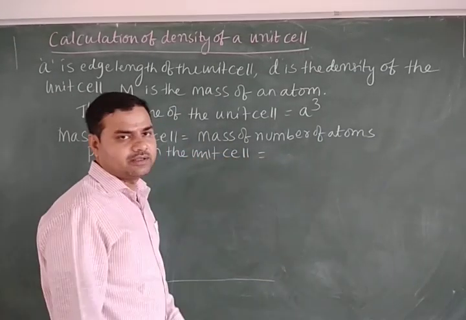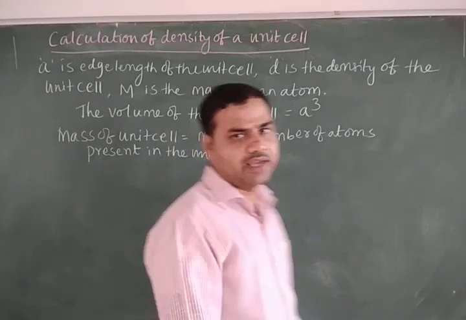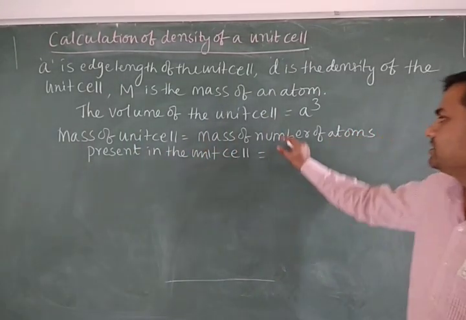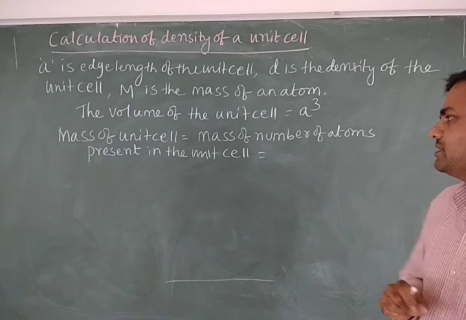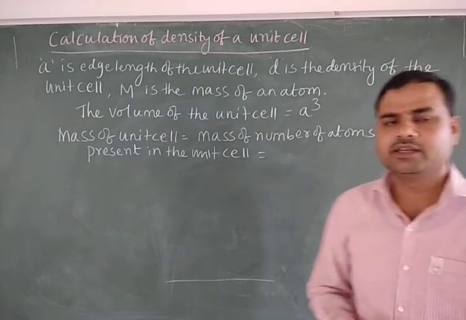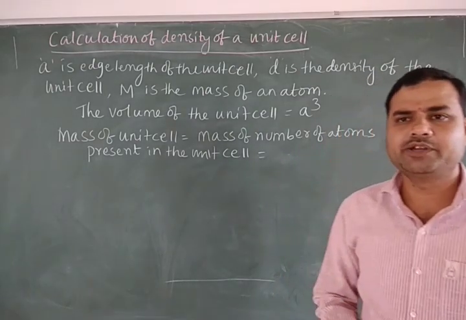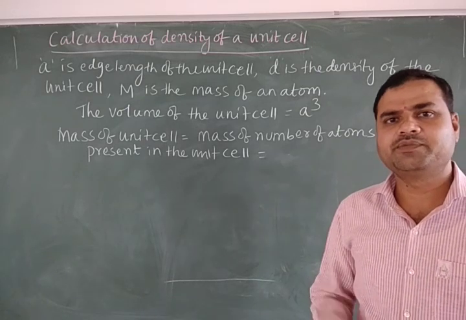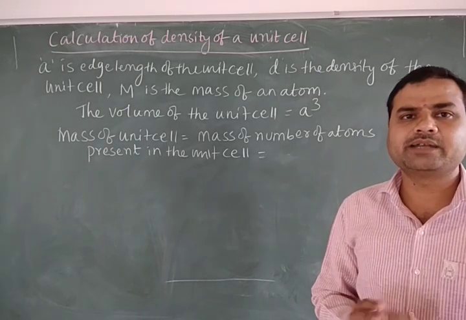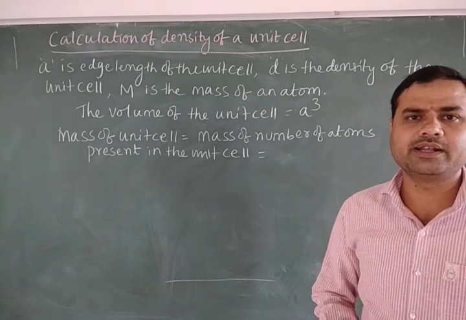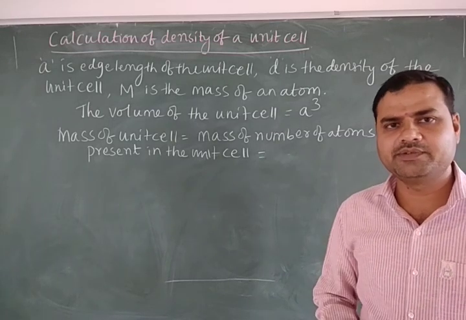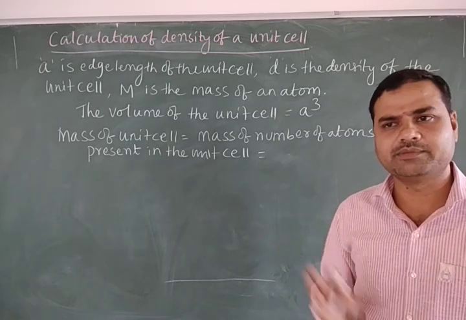This is the formula. And why am I taking the mass of the unit cell equal to the mass of the number of atoms present in the unit cell? Because the unit cell may be simple cubic, body centered or face centered, right? So atoms are different. In simple cubic we have one atom, right? And in body centered we have two atoms, face centered we have 4 atoms.